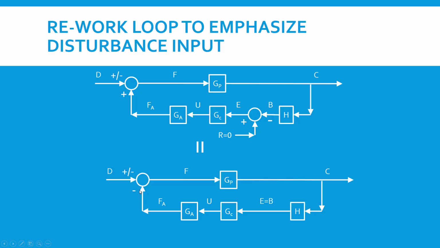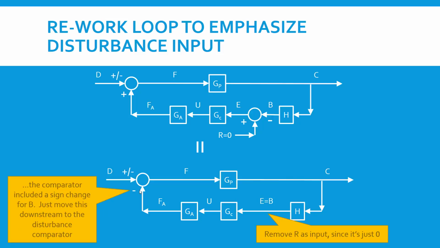So we've actually preserved the system in the original state. Now E is equal to B. We've taken R out because it's 0, and we've moved that sign downstream as was described previously.